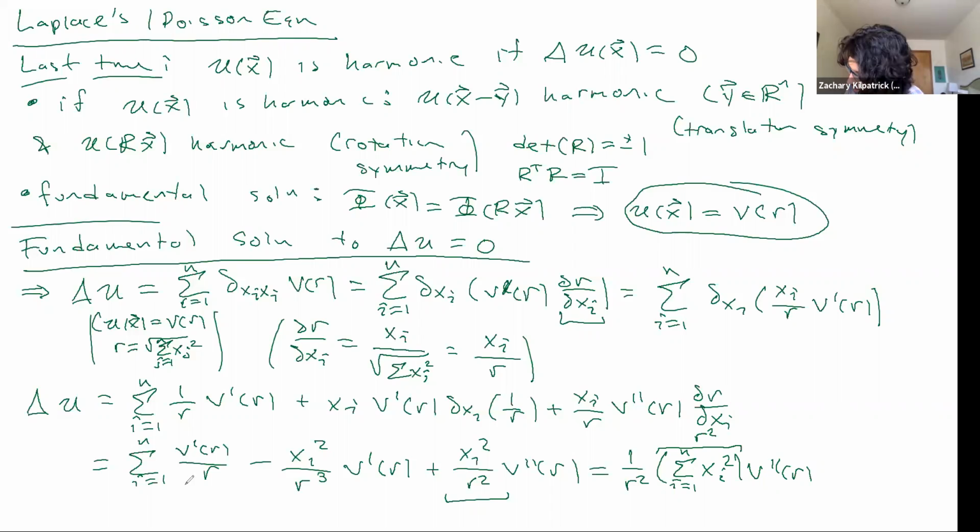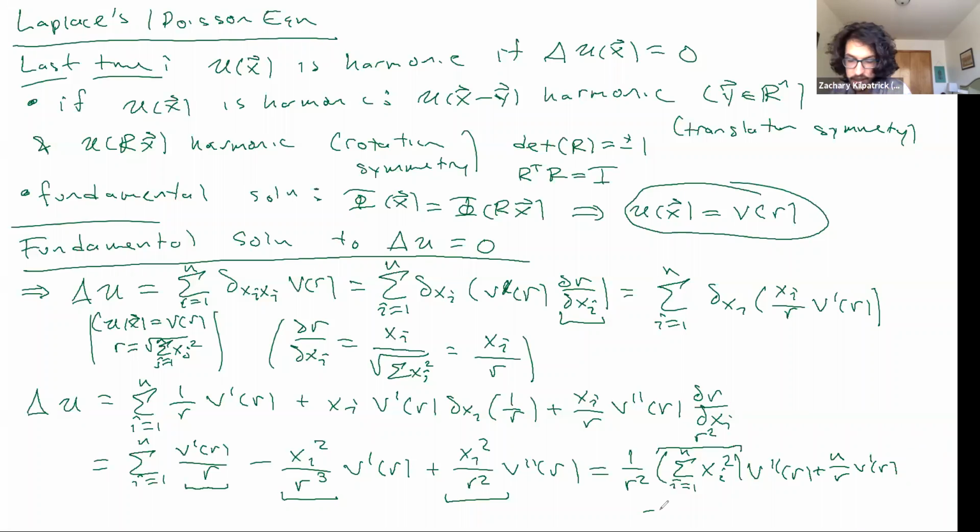This term here, right, if I pull these both out of the sum, I'm just going to have n over r v prime of r. And then this term here, if I pull everything out, I'm just going to have, again, a factor of r squared coming from this, and then the sum of xj squared. Sorry, I'm squeezing things in here. I'm going to drop this down to the next line.